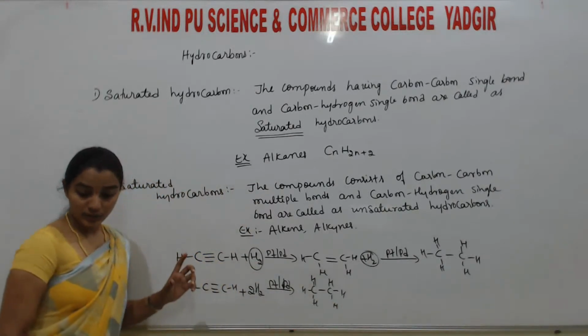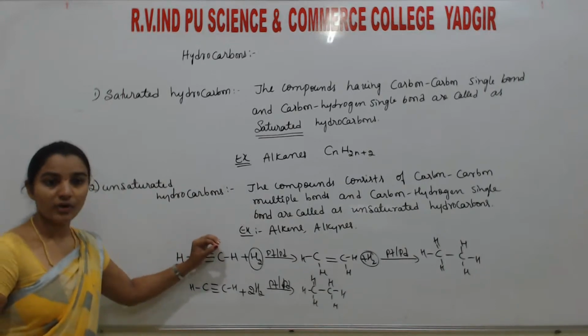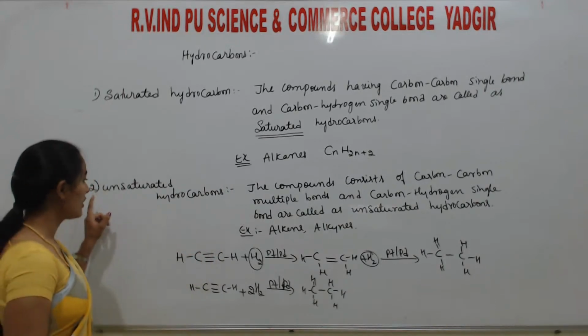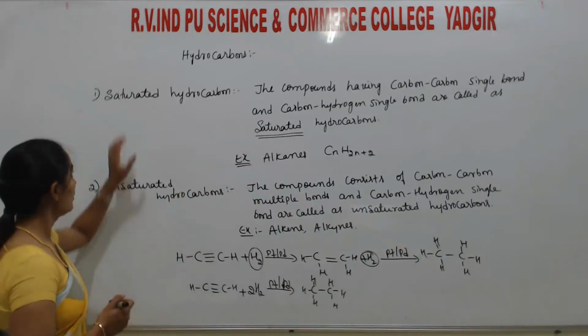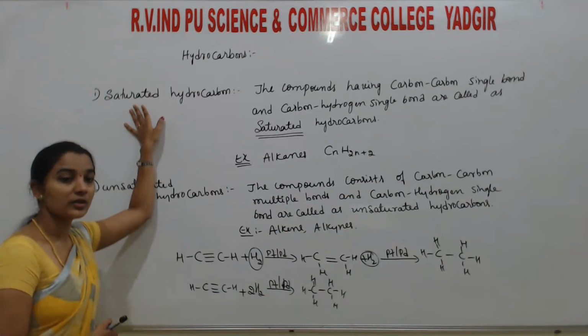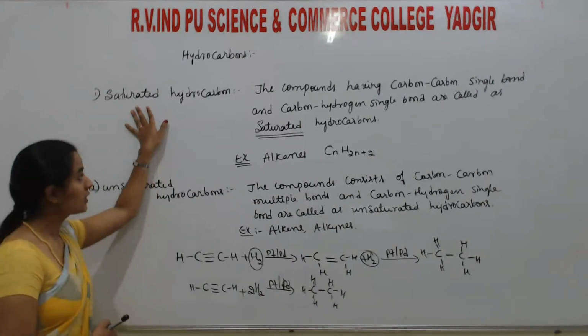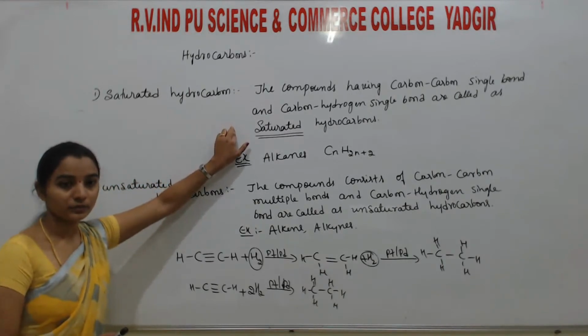So this alkene and alkyne prefer the addition of atoms. That's why they are called unsaturated hydrocarbons. Here they cannot prefer the addition of atoms. They just replace the atoms. That's why they are saturated hydrocarbons.